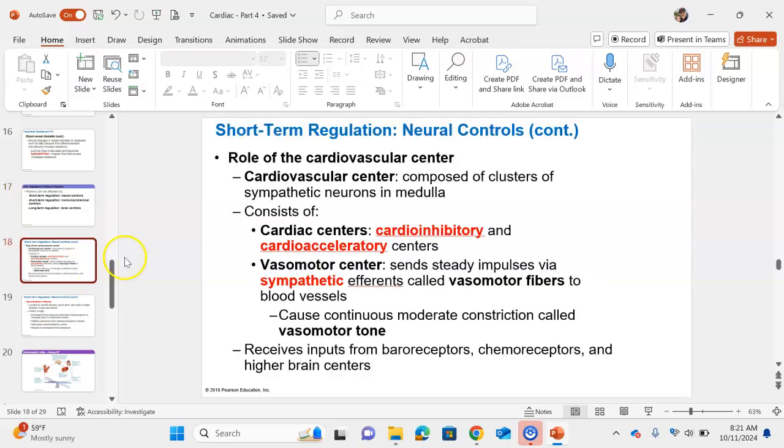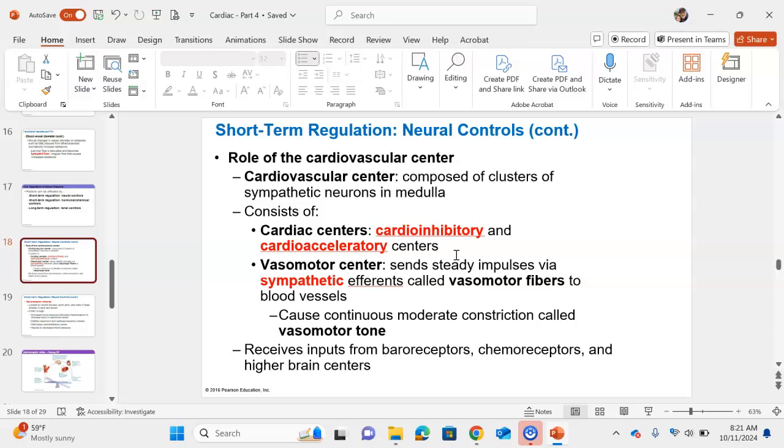All right, so I just mentioned this, so I don't need to spend a whole lot of time talking about it. But remember, the cardiac control centers are in the medulla. And remember, we talked about these the other day, the cardioinhibitory and cardioacceleratory affecting heart rate. But this is the one I just mentioned, the vasomotor center. So vasomotor impulses, those sympathetic impulses, when they increase, we get vasoconstriction.